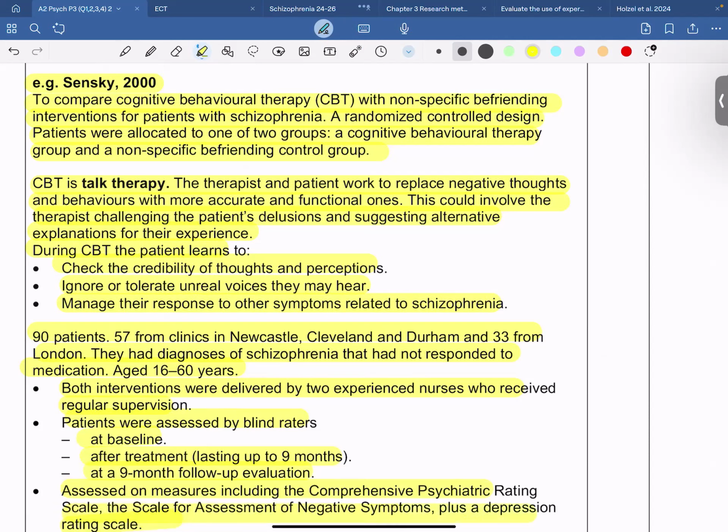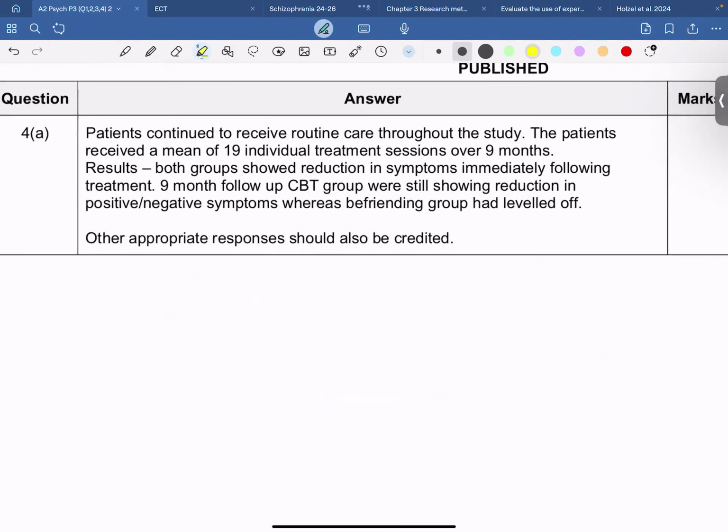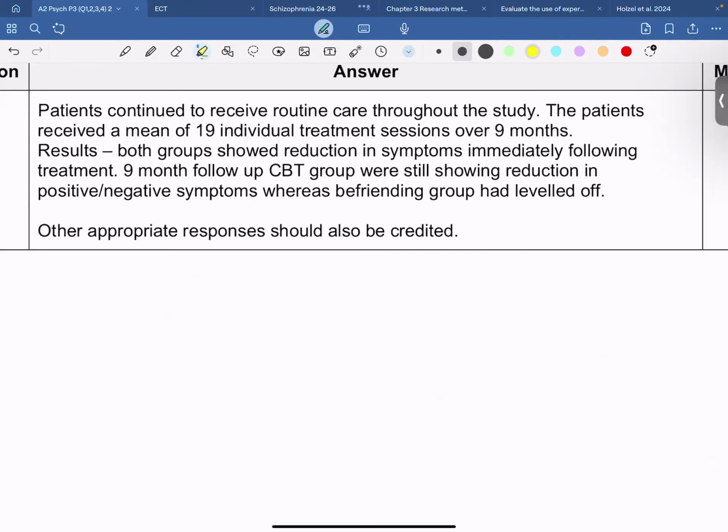Now, remember the study by Sensky in the year 2000. This is not a key study. This is an example study. So as this is an example study, you should know that you cannot get a direct question that has the name Sensky et al. mentioned in it.